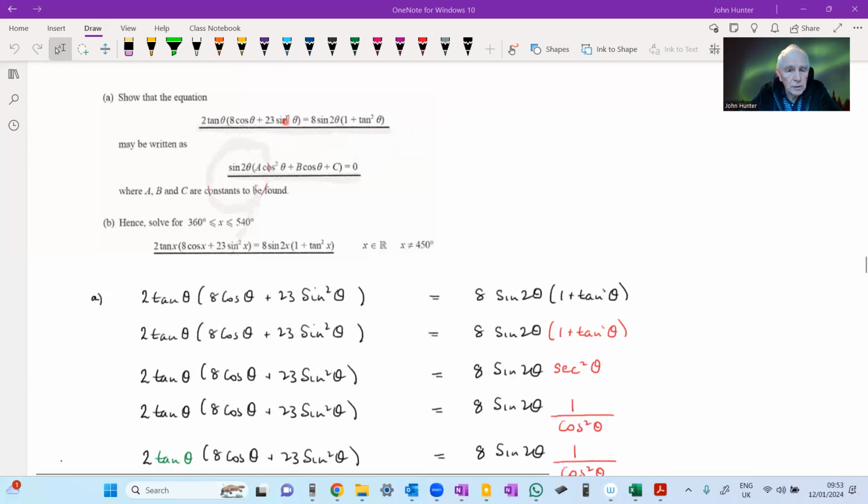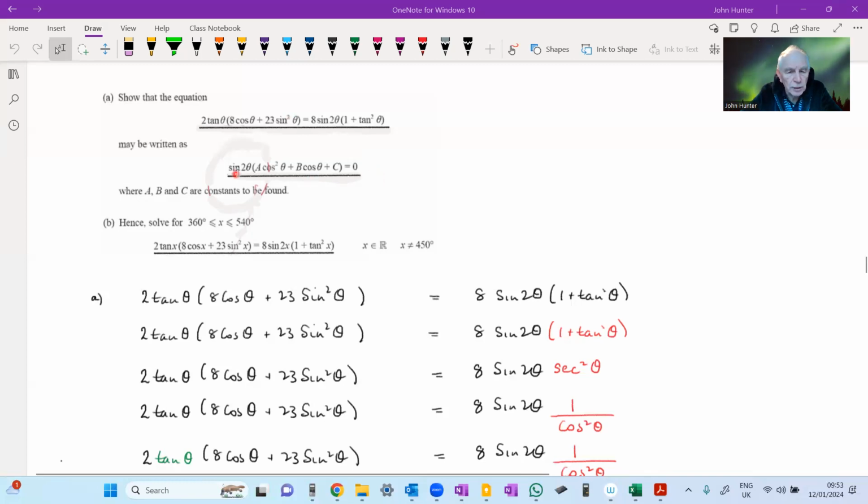We've also got a sine squared in there. In our target, we only want sine 2 theta and cos theta, but we've got an easy conversion between sine squared and cos squared through the sine squared plus cos squared equals 1 identity. So we should be able to use that.